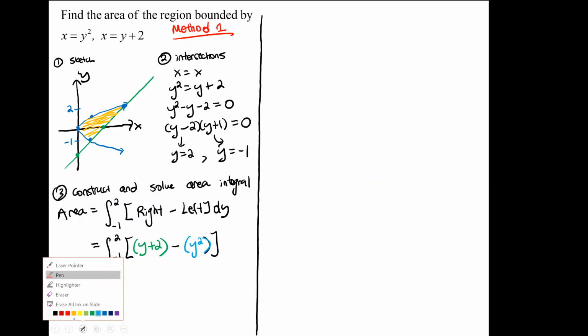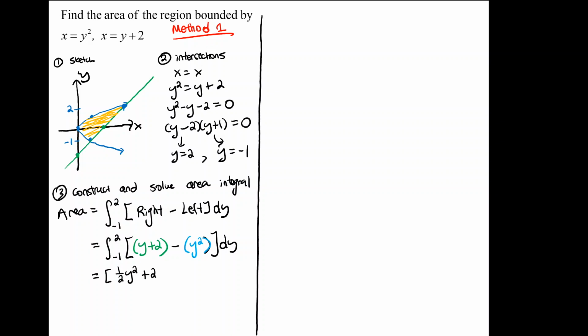And we're integrating with respect to y. Antiderivative of y is 1/2 y squared. Antiderivative of 2 is 2y. Antiderivative of y squared is 1/3 y to the 3. And then we're evaluating this from -1 to 2.